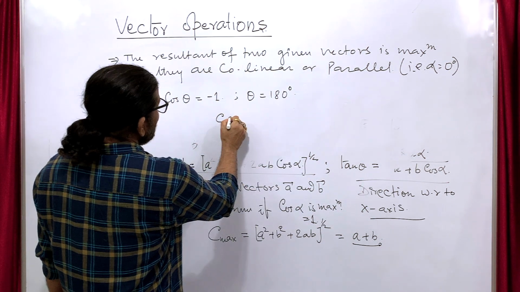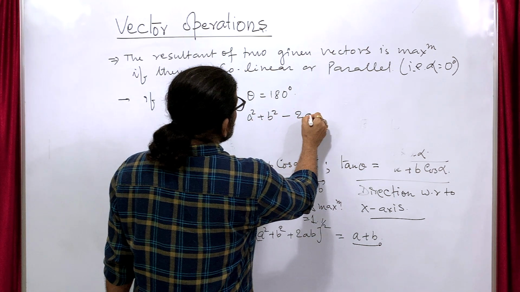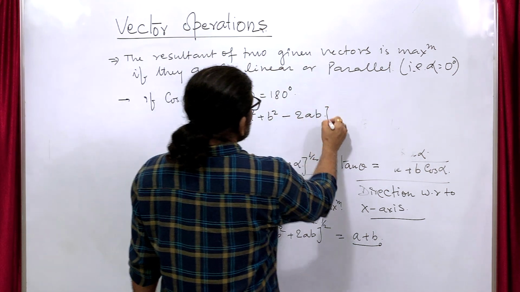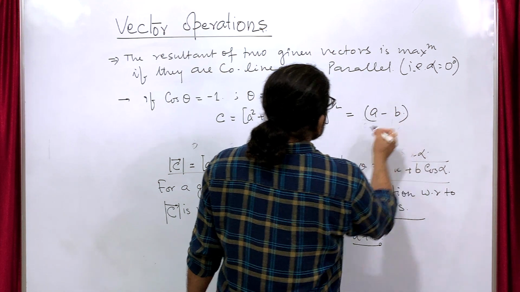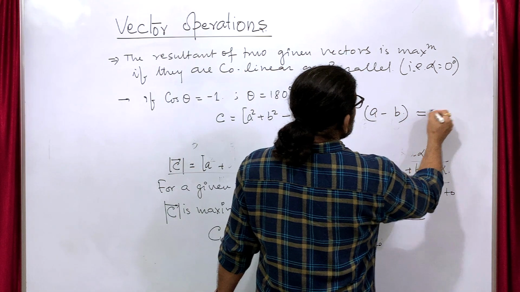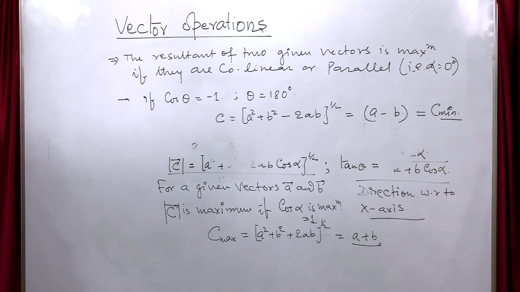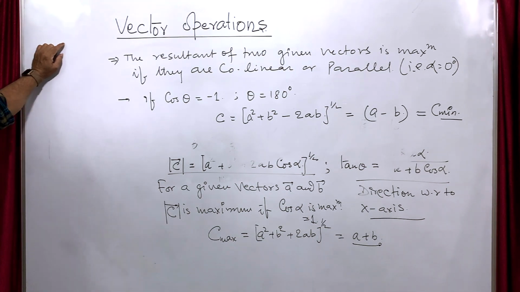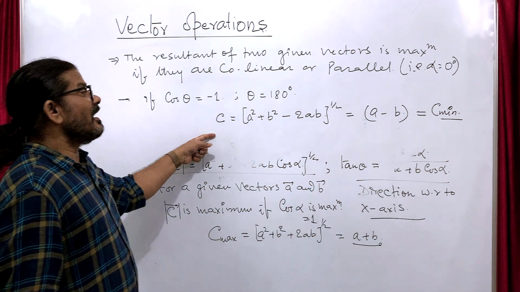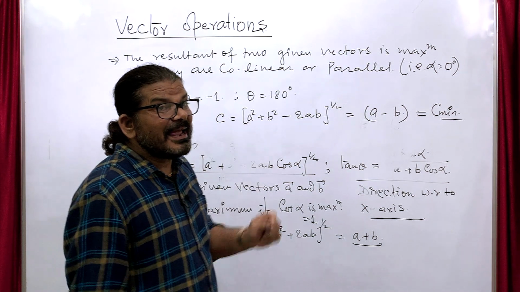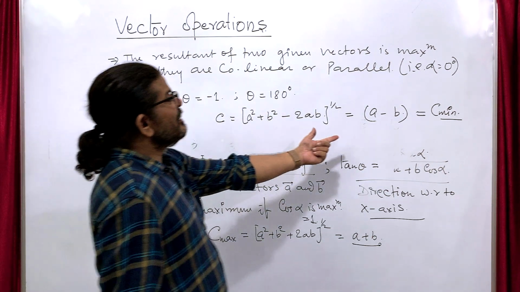Then C is equal to the square root of A square plus B square minus 2AB, which is equal to A minus B. So this is C minimum. It means the resultant of two given vectors is minimum if the two vectors are anti-parallel.